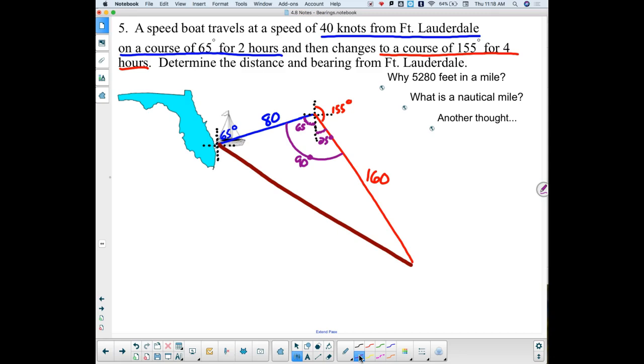Because now what kind of a triangle do we have? We got a right triangle. So how can I find this distance? Pythagorean theorem. What is 80 squared plus 160 squared, and then square rooted?